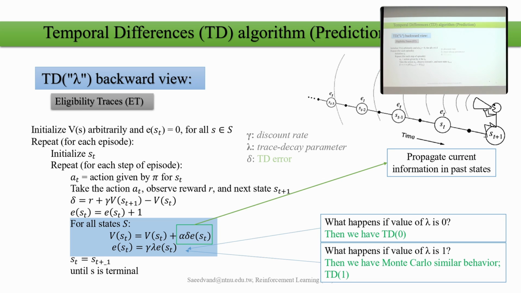After doing that, we calculate the delta. Delta is the update rule, the TD error that we have: the reward added to the discounted difference between the next state value and the current state value.